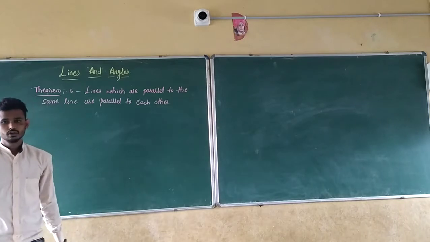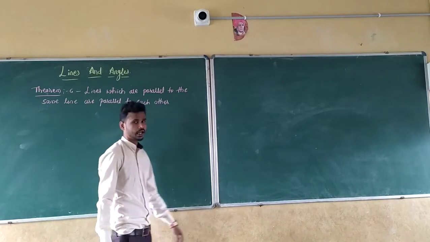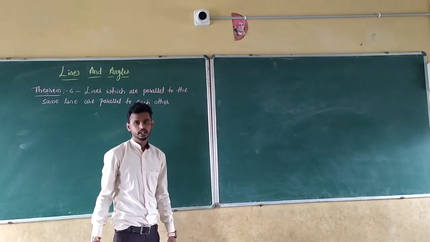So Theorem 6, what does it say? Lines which are parallel to the same line are parallel to each other.